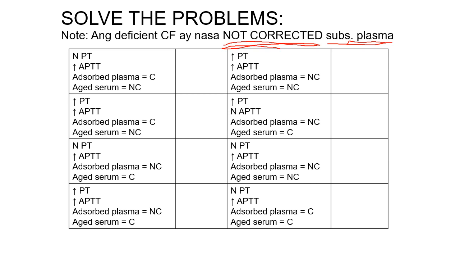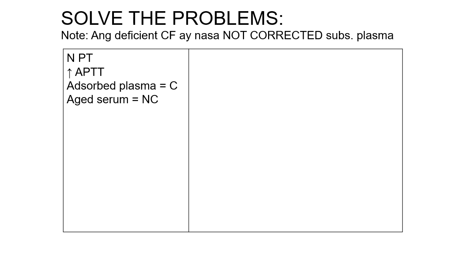So, unahin natin itong first problem. So, ang first problem natin ay normal ang PT, prolonged APTT, adsorbed plasma is corrected, aged serum is not corrected. Interpret natin yung results. So, again, your PT, ang ibig sabihin ng normal PT, correct ang extrinsic and common pathway mo.